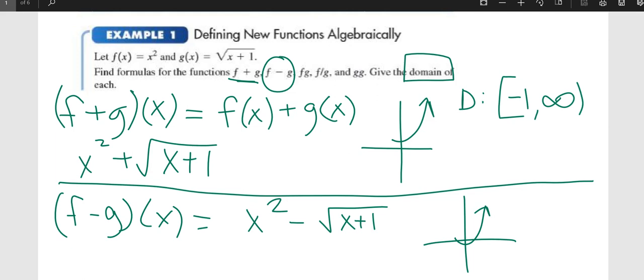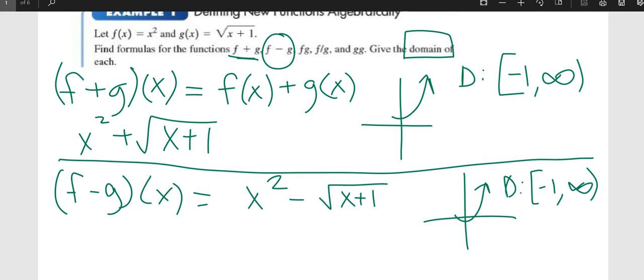It does look like it goes above the x-axis on the left side too, though. Okay. What's the domain? Just because it's lower, that may or may not have changed the domain. What's the domain? Does it include or not include?